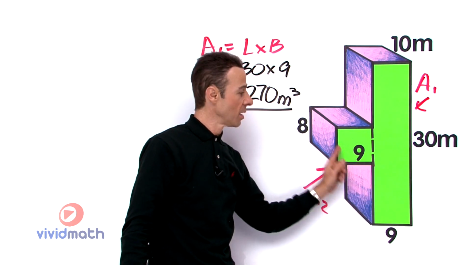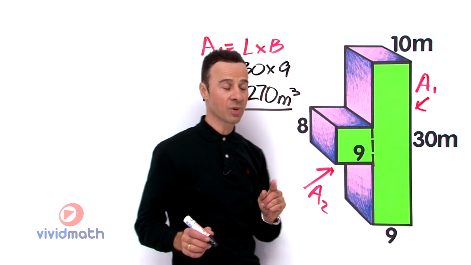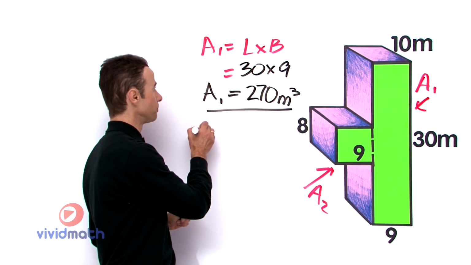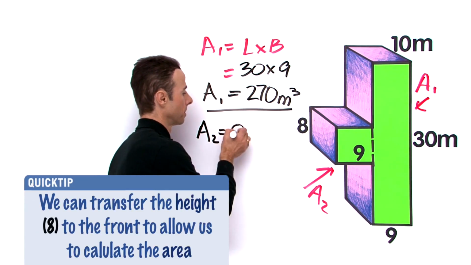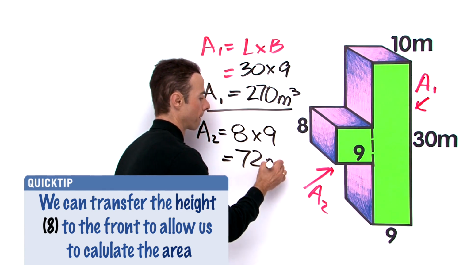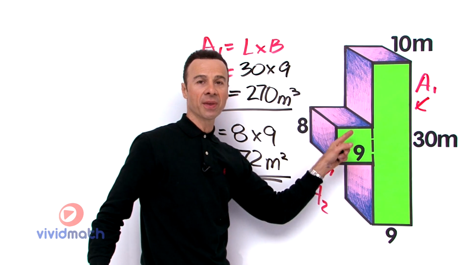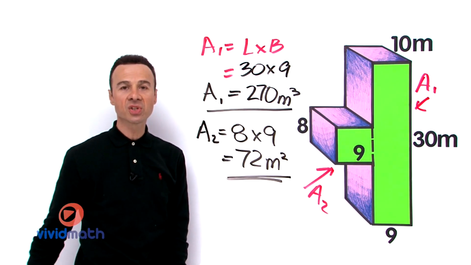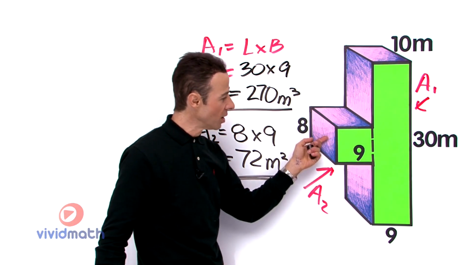Can you see that? 8 by 9, yeah? 8 times 9, let's write that down. So area 2, right in there, that green spot there, to the left of the incision, 72 meters squared. That's a gigantic, enormous concrete block.